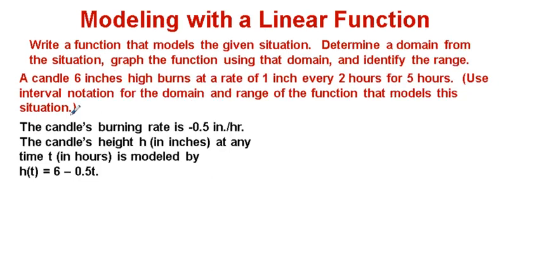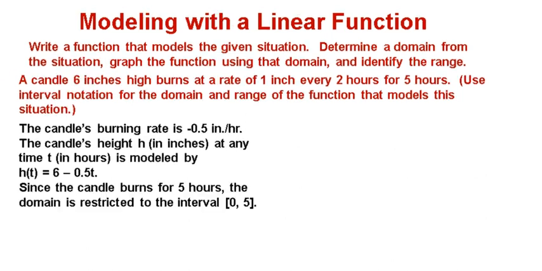The candle's height at any time is modeled by the equation 6 minus 0.5t. If we start out at 6, that's like our y-intercept. And since the candle burns for 5 hours, the domain is restricted to the interval from 0 to 5.